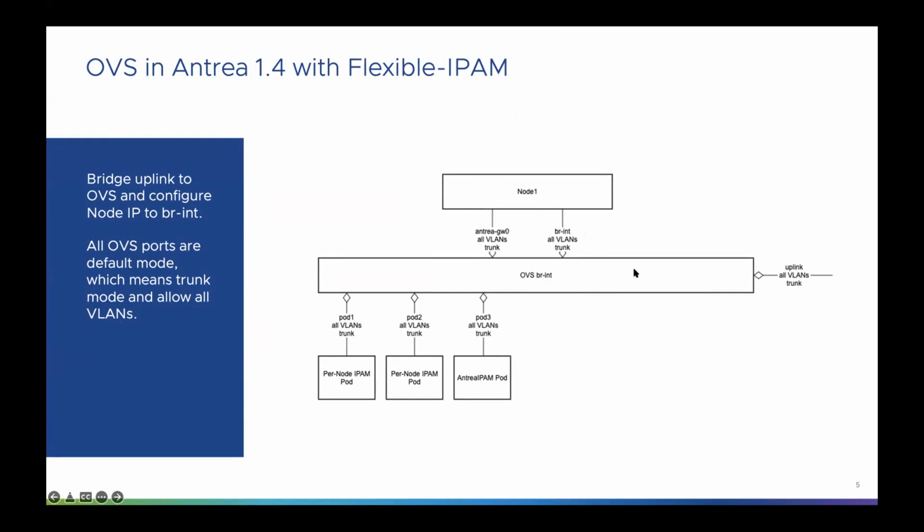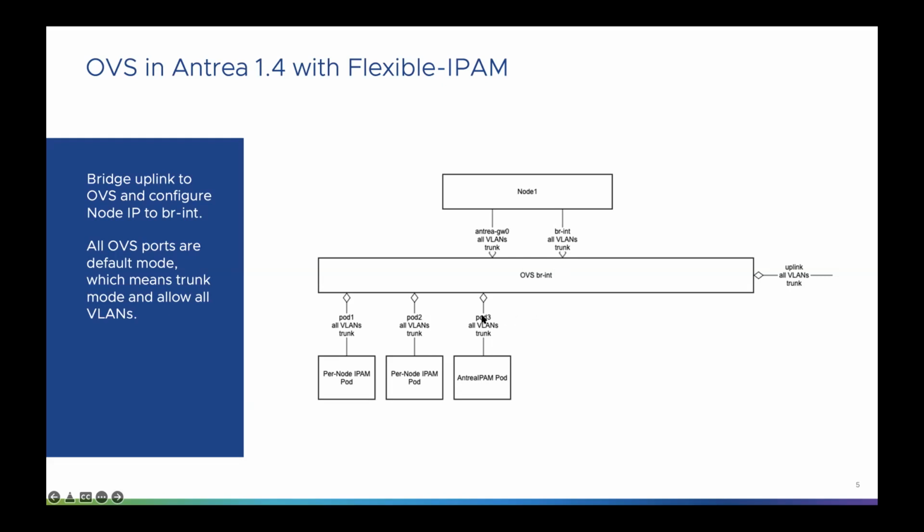We also need to configure the node IP to the bridge port, which will have the same name as the OVS bridge. And the antrea-gw0 and existing ports will not be affected.